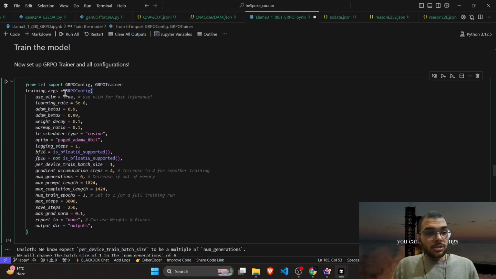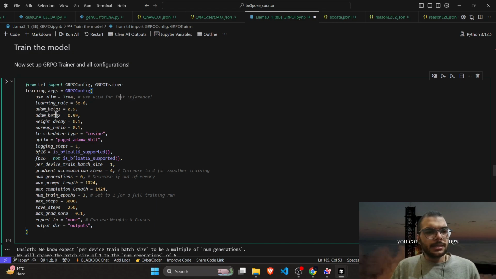Then you can just run with use vLLM true. It makes your training almost 2 times faster. Then for the learning rate, keep it at 5e-6, which is 0.000005.